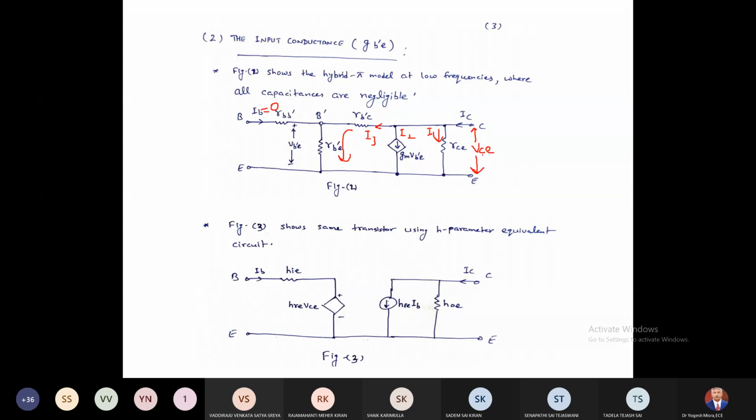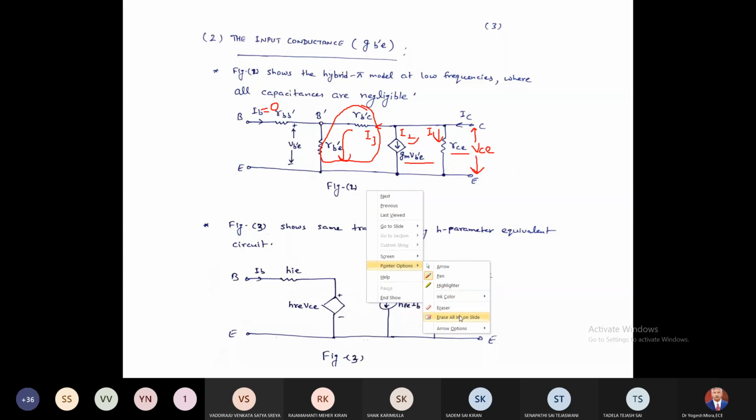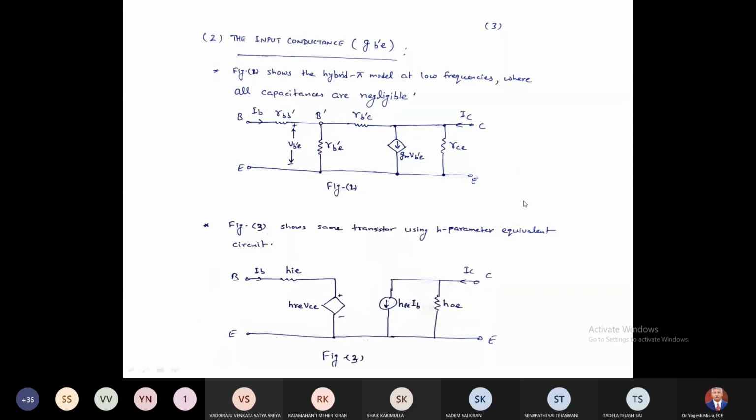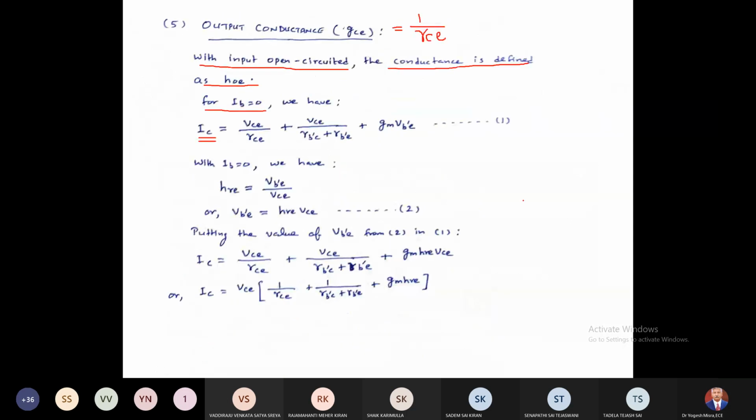So IC is equal to VCE divided by RE plus this GM VB'E, considering these two resistances, right? So IC will be... here I can write from figure 2.